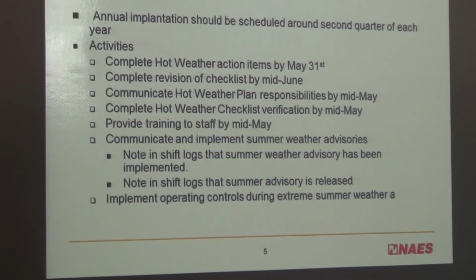And then once that summer advisory is released, we need to make a note in the book for that. It is an auditable item, so we need to make good notes in the control room log sheet for that. And of course, the sheet should be turned back into me and put on my door.